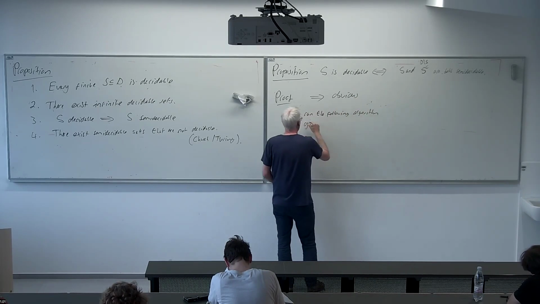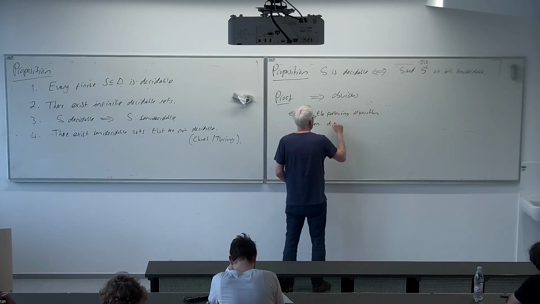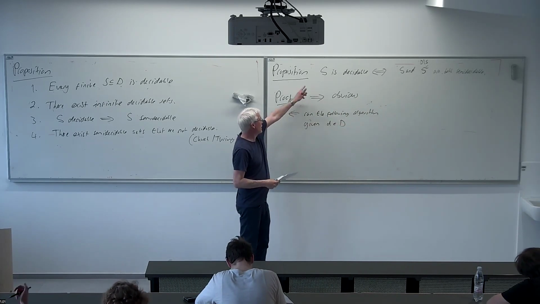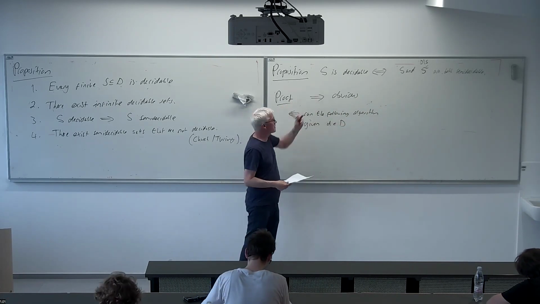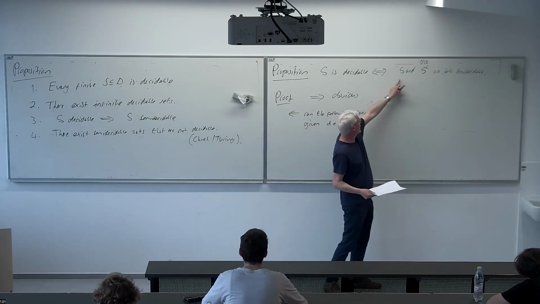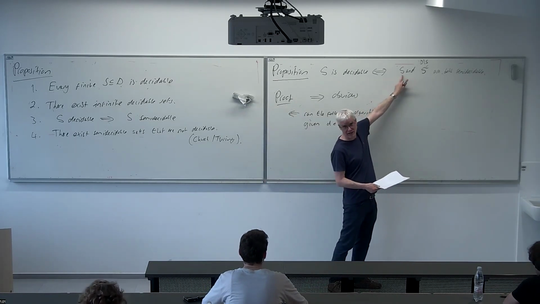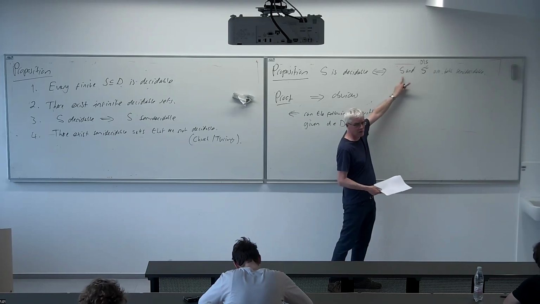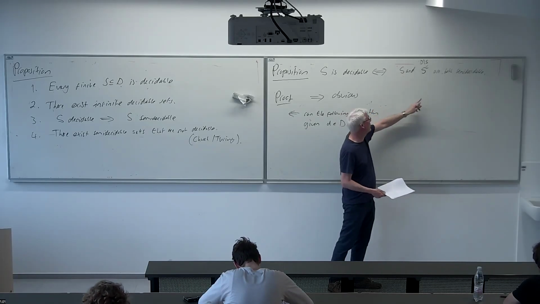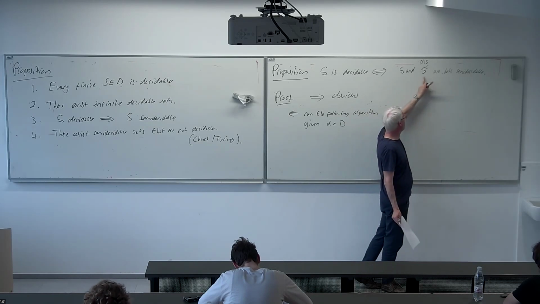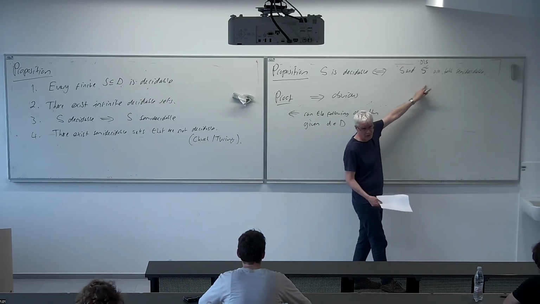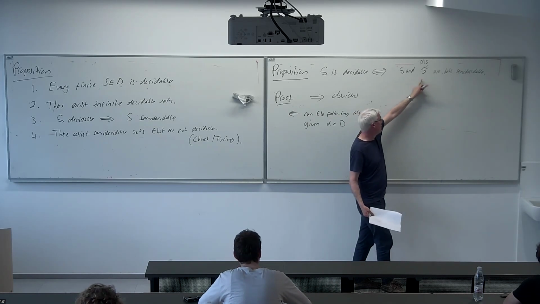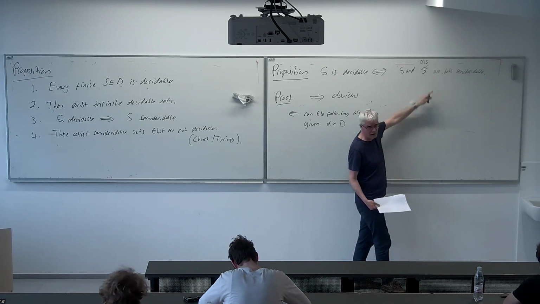Given an input, little d belonging to the larger set, we want to know whether or not it belongs to S. Well, we have a semi-decision procedure for S. That's an algorithm which will return yes if the element belongs to S and run forever otherwise. And we have a semi-decision procedure for S complement, an algorithm that will return yes if d belongs to S complement and run forever otherwise.